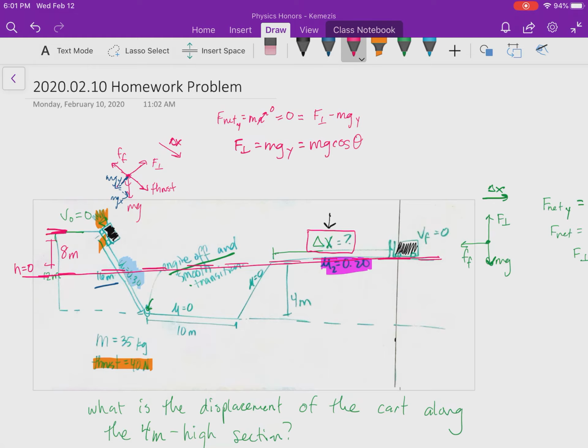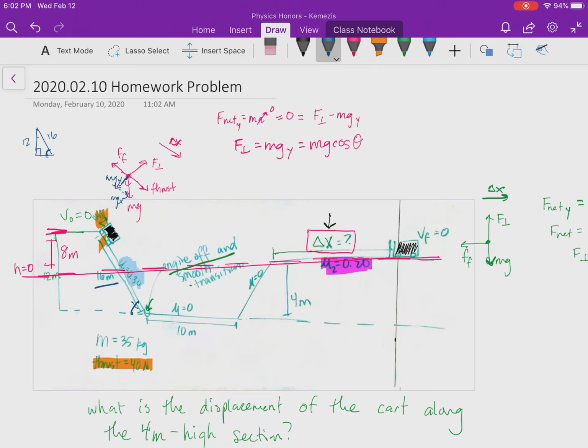And right now, if we can find mg cosine theta, then that is the normal force and we can plug that in. What you need to do is to be able to find theta, and even though we don't have it, we can find it because we know what the hypotenuse of the incline is, and we know the y height is 12 meters. So we can do a little bit of trig over here, right? If we have 16 by 12 with a right angle, we can solve for this angle, right?